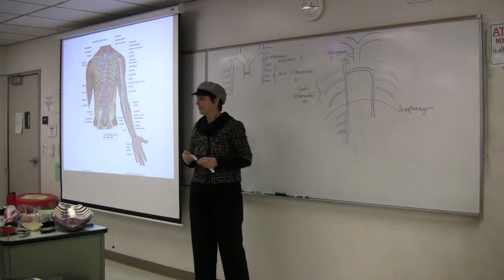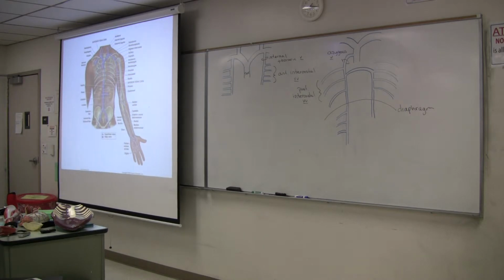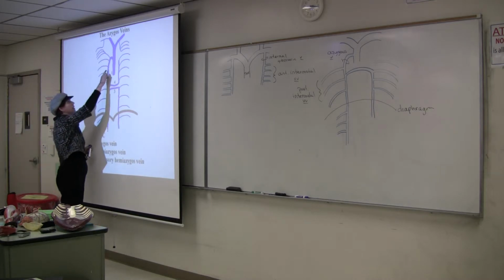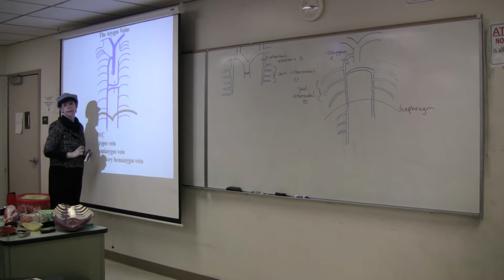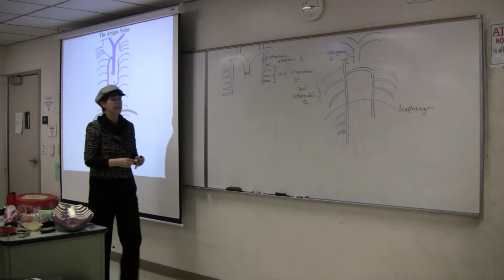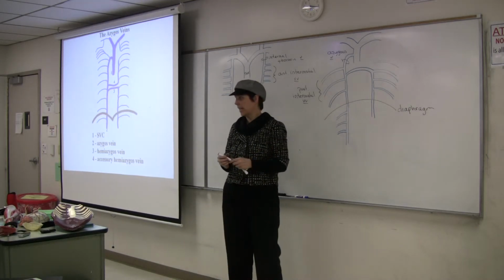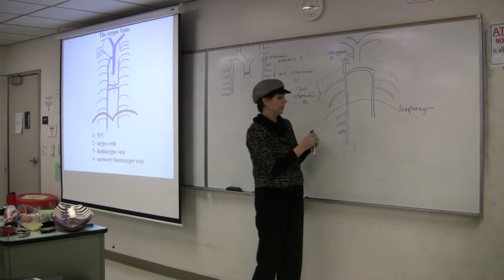And so this vessel is known as the hemiazygous. Okay, so here's the azygous, and here is the hemiazygous. Don't worry about that, that usually doesn't happen there. So it crosses over behind the heart and carries these posterior intercostal vein blood to the azygous and then to the superior vena cava.